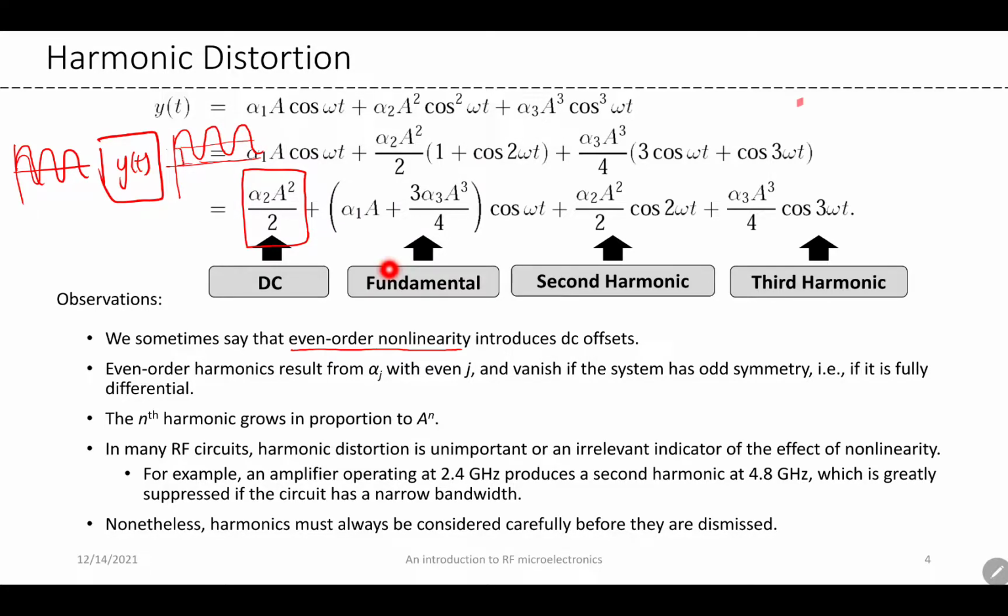What this implies is that this DC offset is because of the even order nonlinearities. Okay, so this system has some even order nonlinearities, and those even order nonlinearities, they contribute to this DC offset in the output.